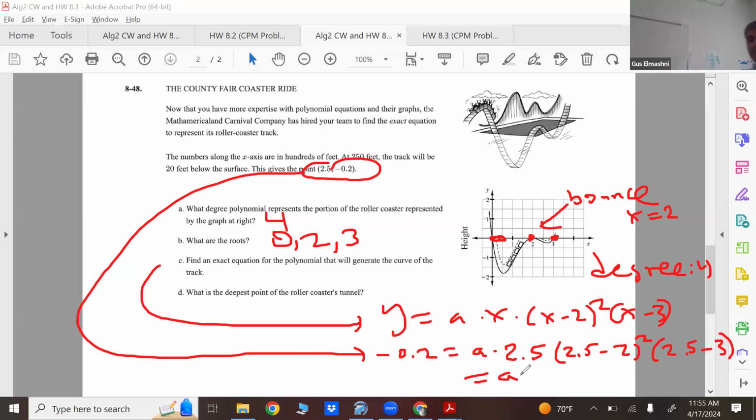So very important that you have to use a given point to solve for the leading coefficient, or a, right? Times 0.5 squared times -0.5. I think I'm doing this correctly. -0.2 divided by that number. I get 0.64 for a. So that's my equation.